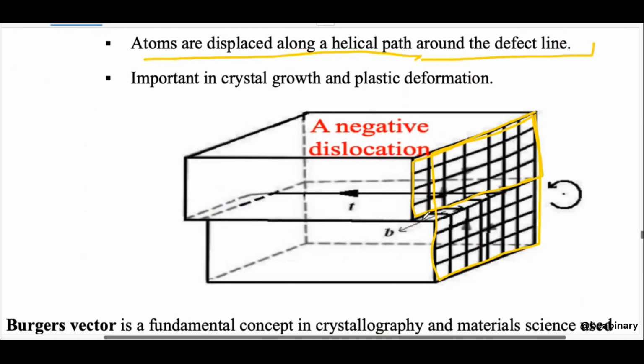So this extra part has deviated. Here it is perfect, but as they move away from this line, they have more space in between. You can think of it as a step; you can put your foot over here. So this is a kind of screw dislocation.